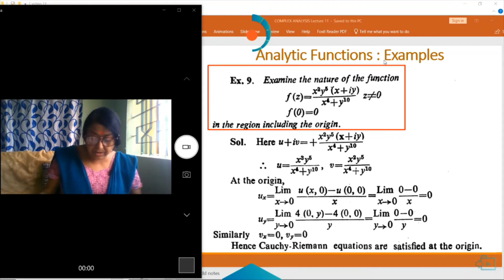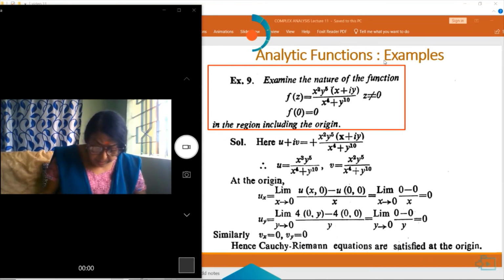Now as z tends to 0, the limit of (f(z) minus f(0)) by z, along the radius vector, we can say y is equal to mx. So substituting y is equal to mx, we get the value equal to half, showing that f'(0) does not exist.